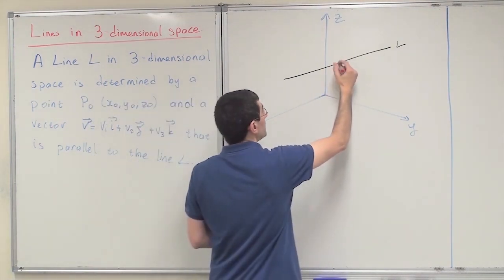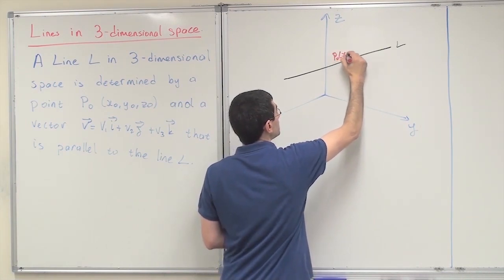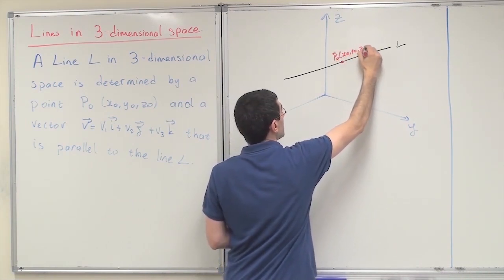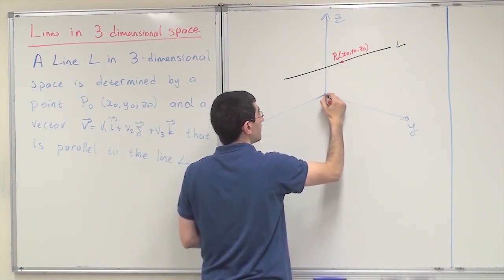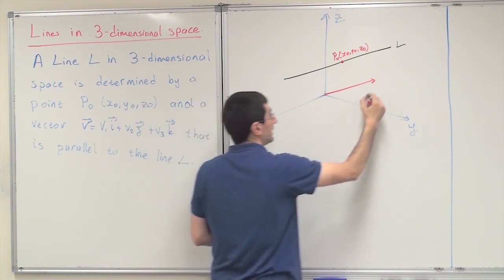Okay. And next, I mark on this coordinate system and on the line the information that we are given. So we know that we have a point P naught, and we have a vector V which is parallel to the line.